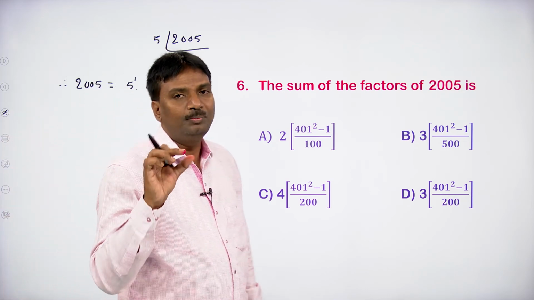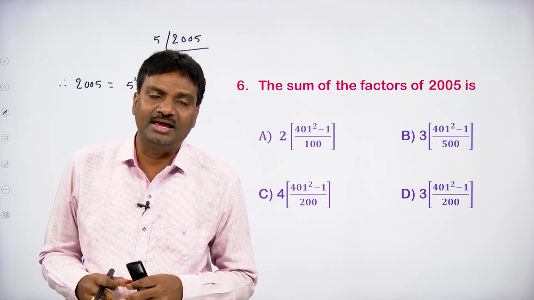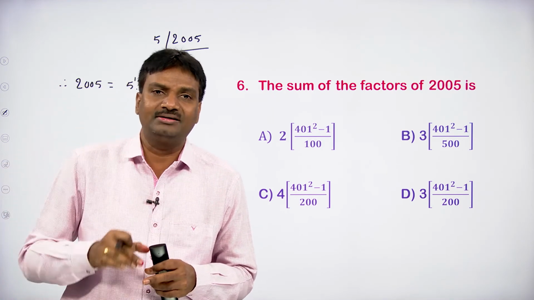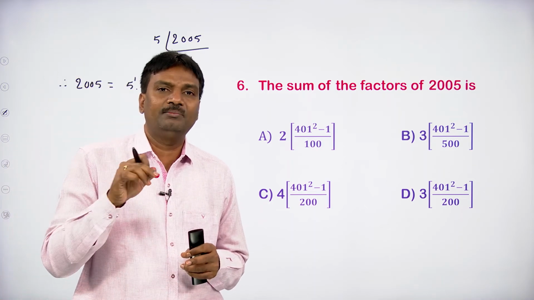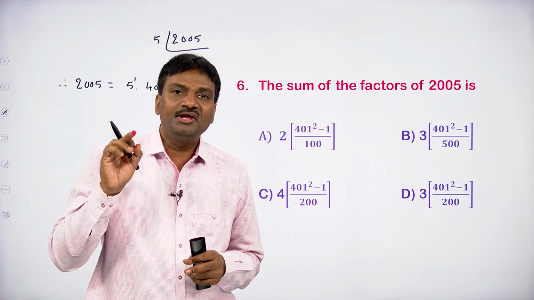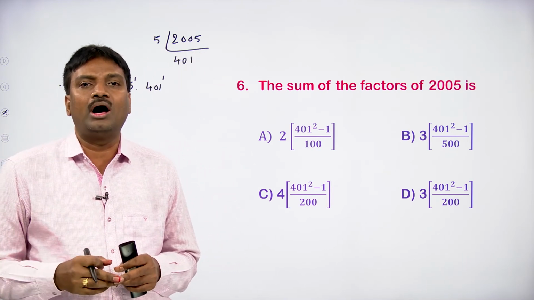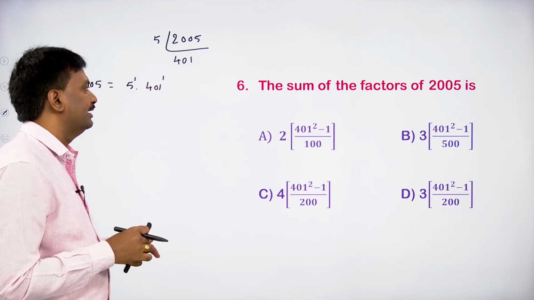If n equal to P1 power alpha 1 into P2 power alpha 2 into so on Pk power alpha k, then we know the sum of all divisors or factors of n is P1 power alpha 1 plus 1 minus 1 by P1 minus 1 into P2 power alpha 2 plus 1 minus 1 by P2 minus 1 into so on Pk power alpha k plus 1 minus 1 by Pk minus 1.